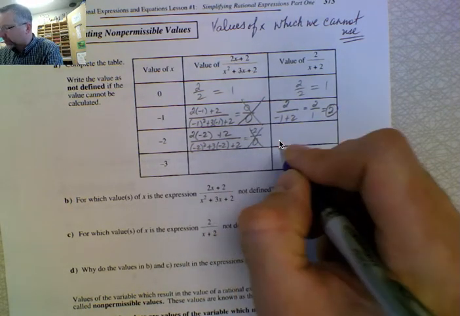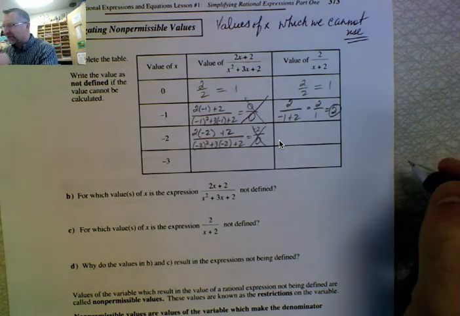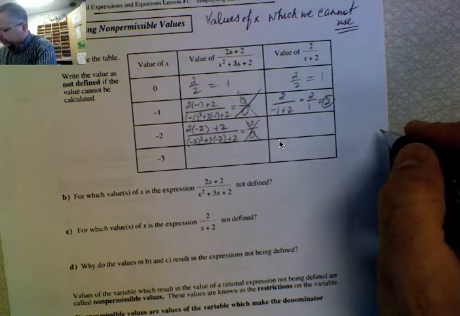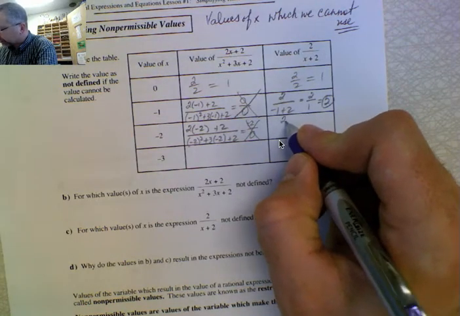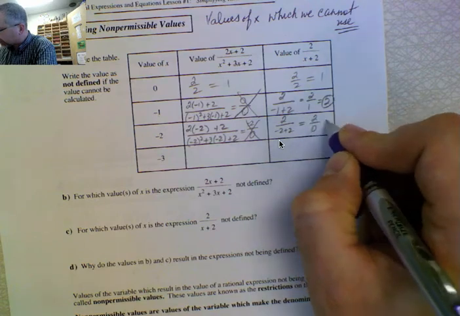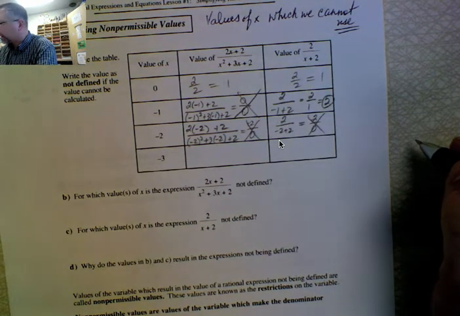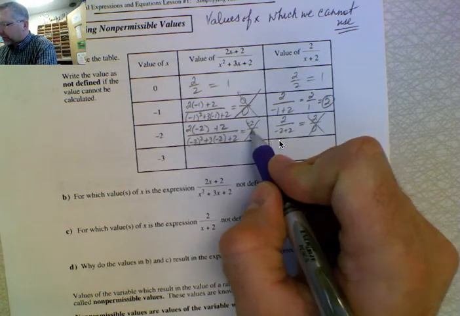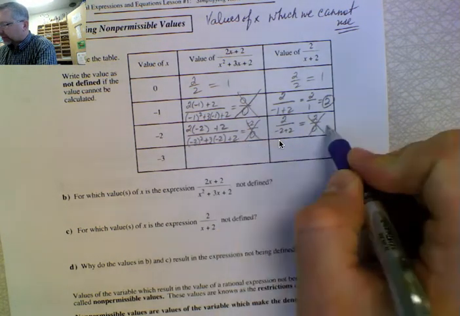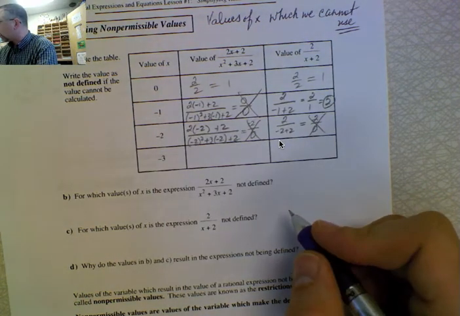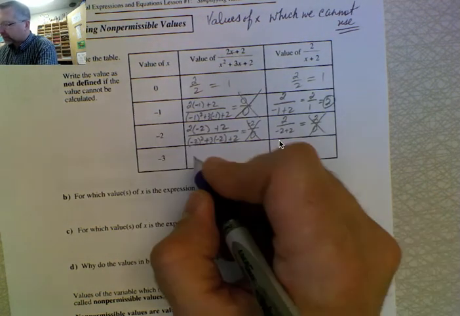Again, we get division by 0. We cannot use that value in this particular situation. If I put negative 2 in here, I get 2 over 0. It's undefined. I cannot use that in that case either. So values where you divide by 0 are not values that I can use. They give us non-permissible values.